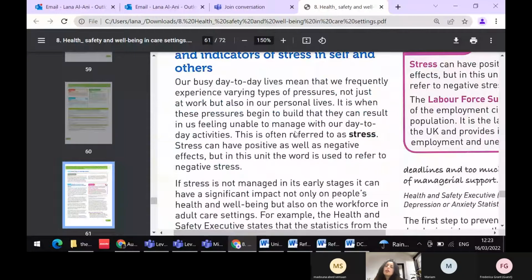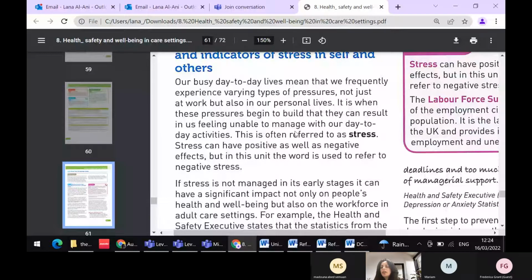Our life is very busy. If we work in care, or in any other sector, our life is really busy. There is so much pressure on people. Their mental health might get affected because of particular issues in their personal life or their work.